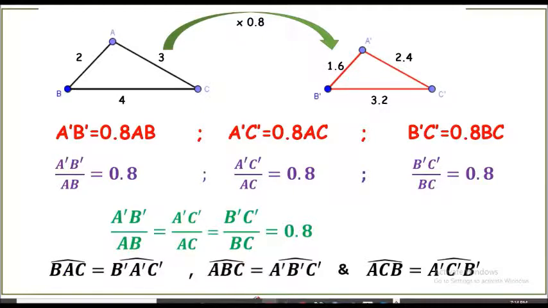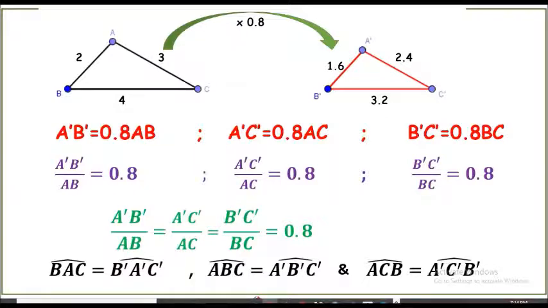I will reassure you that you have to keep in mind that the angles of the two triangles must be respectively equal. That is, BAC equals B'A'C', ABC equals A'B'C', and the last one, ACB, is equal to A'C'B'.